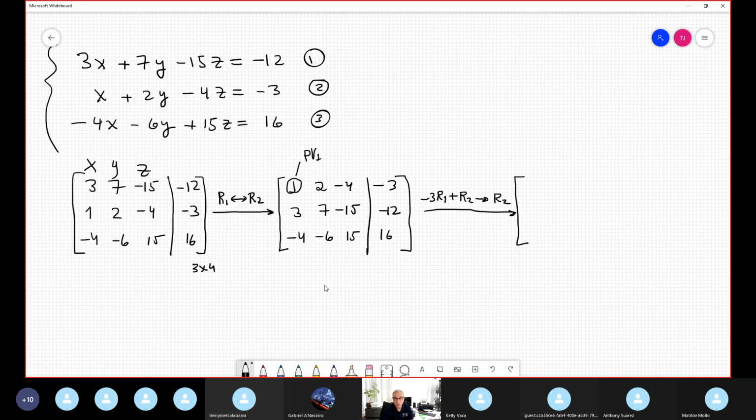You are doing your job. Let's do it. 1, 2, negative 4, and negative 3 stay the same. Likewise, negative 4, negative 6, and 15, and 16, no change. Now this one changes because negative 3, listen to me, times positive 1 is negative 3, plus 3 is 0. Do you see where I come from this 0?